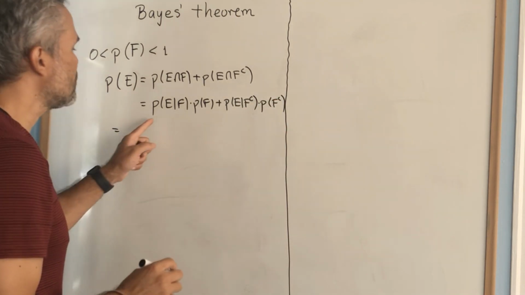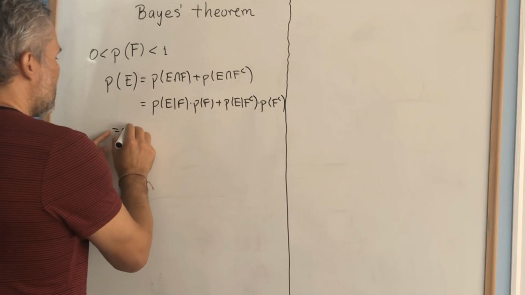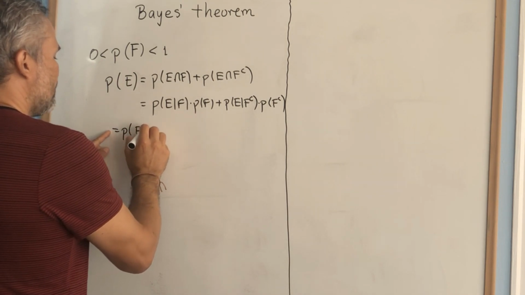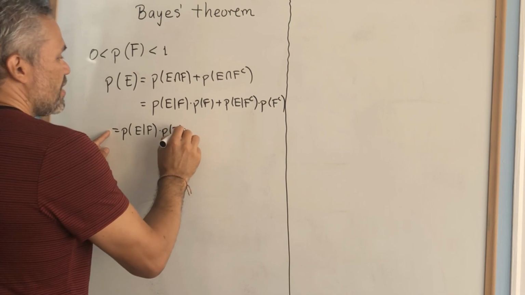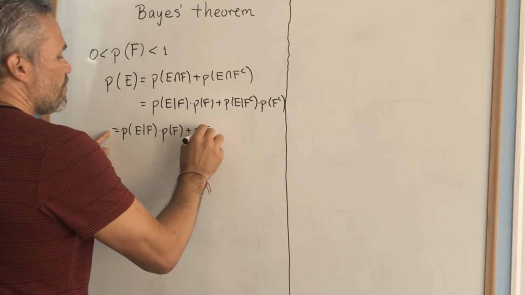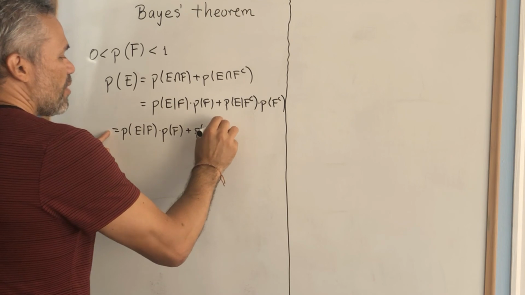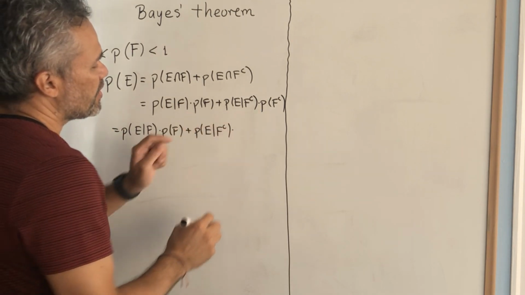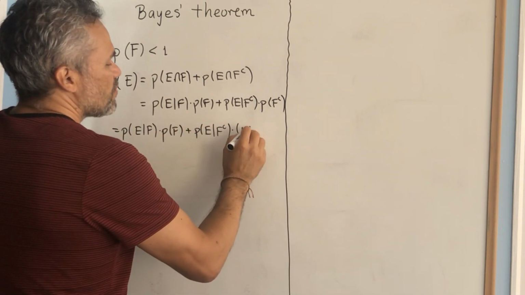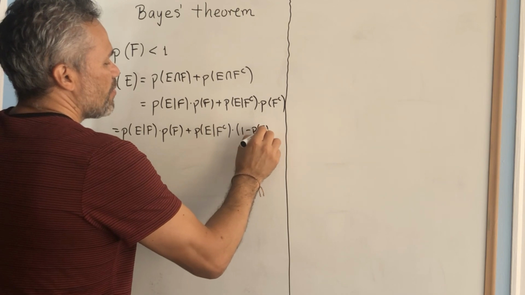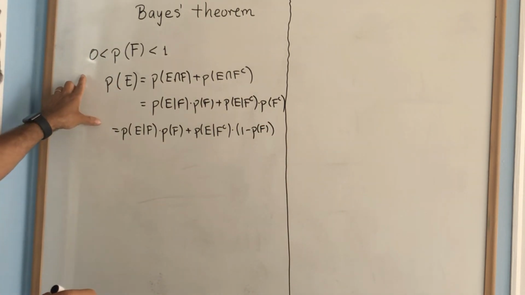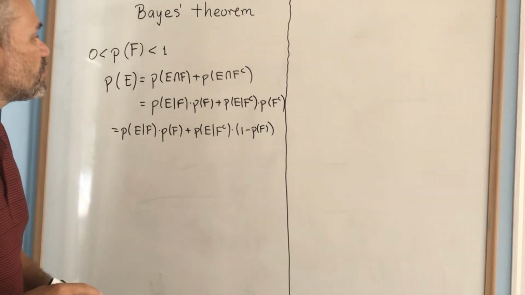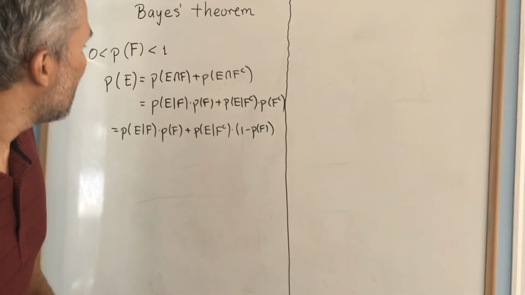And this is just the probability of E given F times the probability of F plus the probability of E given the complement of F, and the probability of F complement is just 1 minus the probability of F. This, even though it's very simple, is going to turn out to be very useful.